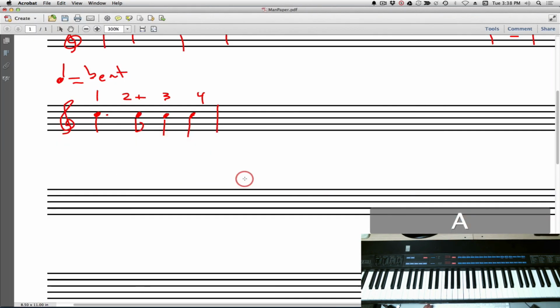Now I'm going to show you how to do a rest. The whole rest hangs off this line. And you just kind of do it like that. That's a whole rest. So that'd be a whole measure if we have 4 beats to the measure. Here's a half rest, and that kind of sits on the middle line.